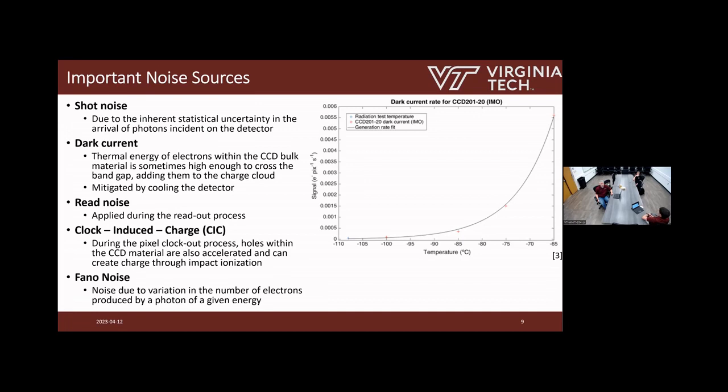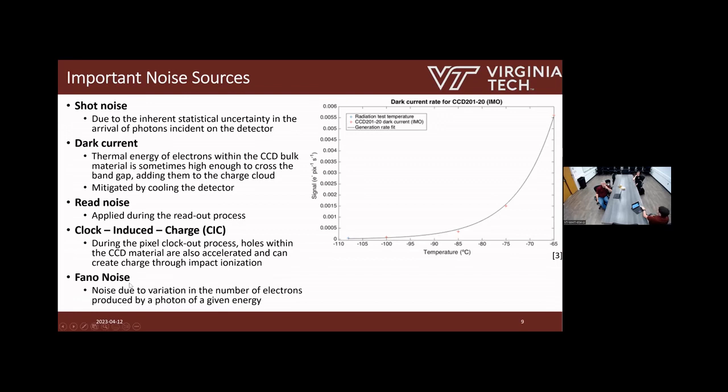But with EMCCD, when we're actually doing the multiplication process, we are applying very high voltages very rapidly to this device. And so what we can get is that holes within the CCD material are also being accelerated, and they can actually create additional charge outside of what is normally created through the EM gate process. And this is again another additional noise source.